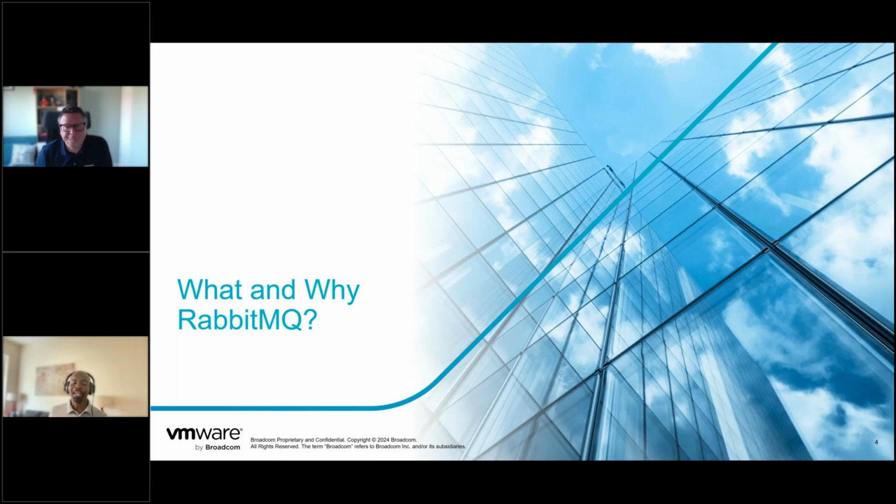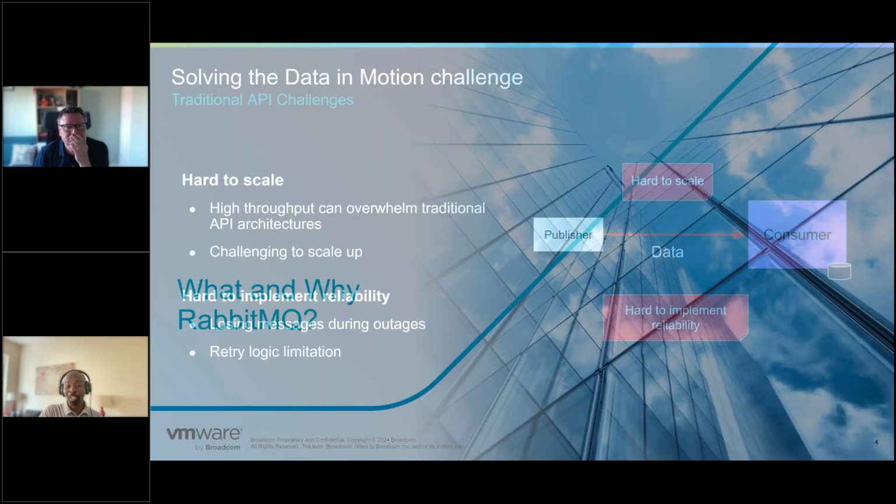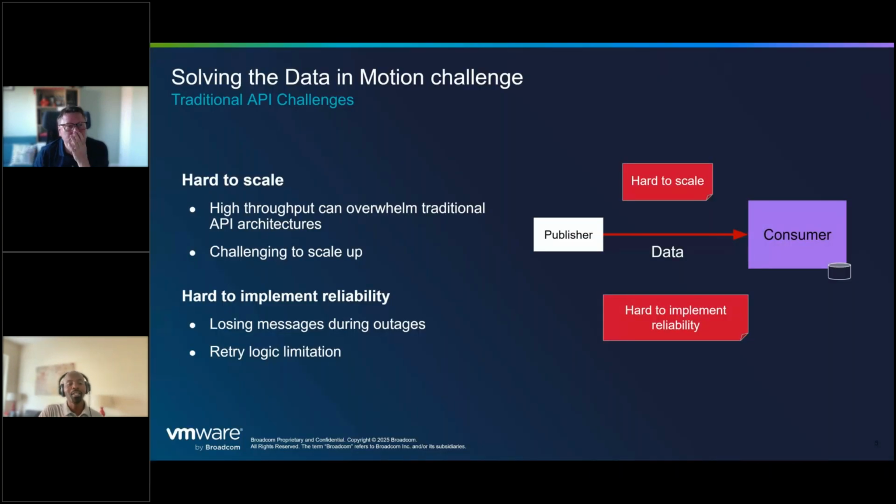Okay, great. In order to understand why a solution like RabbitMQ is important, Howard, imagine that you are a consumer application and you receive publisher requests from other apps or systems.